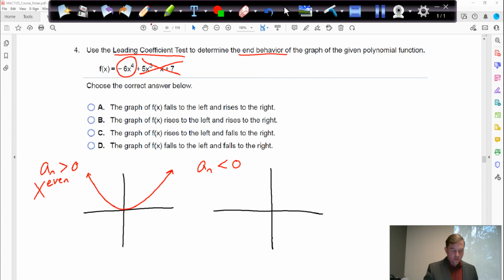If the leading coefficient is positive, the bowl faces up. If the leading coefficient is negative, it's going to flip the bowl and make it point down. So these both rise left and right. These both fall left and right.